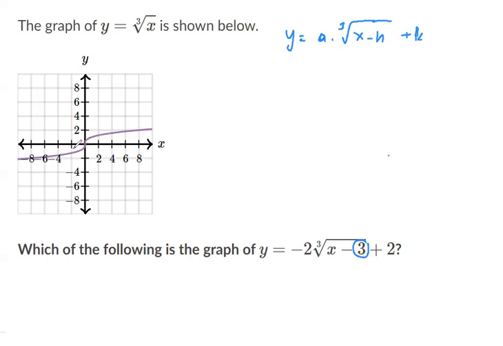So that means I will move this function 3 units to the right. The point at 0 will be right there. For the next point, we have 8 comma 2, right? If you add 8 to this number, since right now it's just 3, that's 10, so it will be 11 right here.